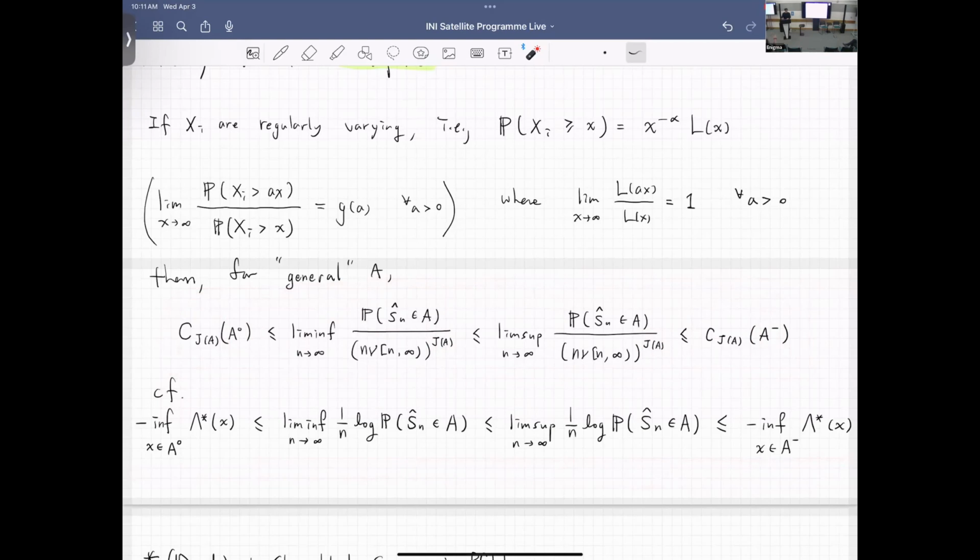Can you remind us what the notation for the A's is? So this is the interior of the set and the other is the closure. What is the notation in the denominator? I'm a bit confused. Oh, okay, all right, sorry about this. Here I have a typo, thank you for asking.